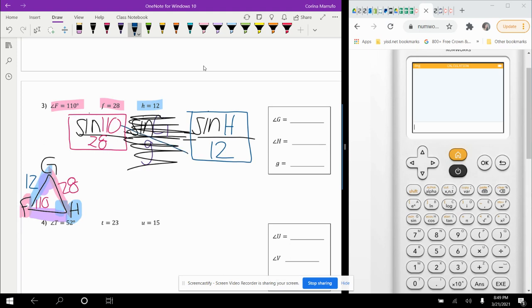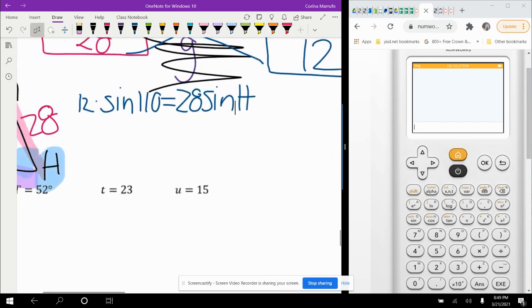So we're going to do 110 times sine of 110 times 12 and 28 times sine of h. So I'm going to write it here to the bottom. 12 times sine of 110 equals 28 times sine of h. Okay, so this one, because we're looking for the angle, this is going to require a little bit more work.